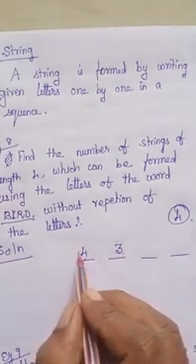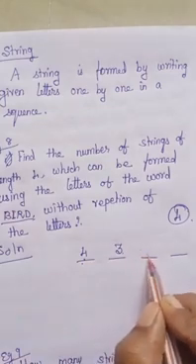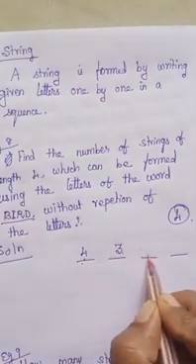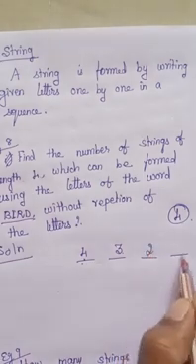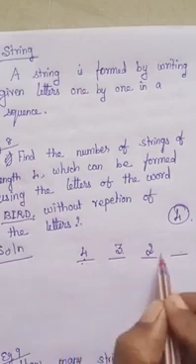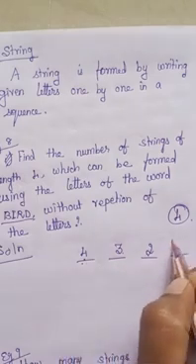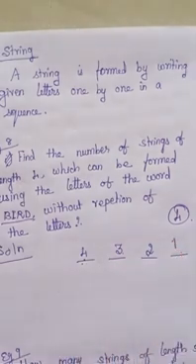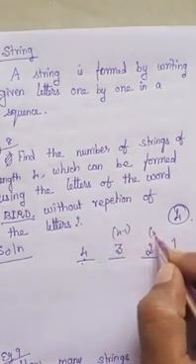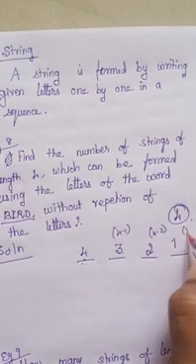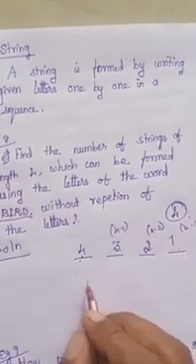Because 1 is fixed. After coming to the third place, already 2 letters are fixed. So the remaining is 2. Now coming here, 3 letters are fixed. So the remaining letter is 1. So here that is 4 minus 1, here 4 minus 2 and here 4 minus 3 since we have filled.